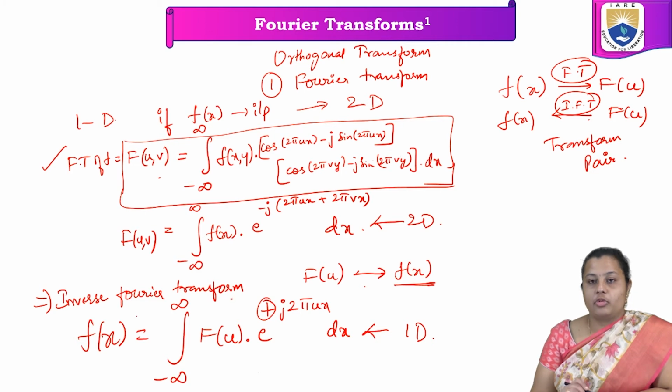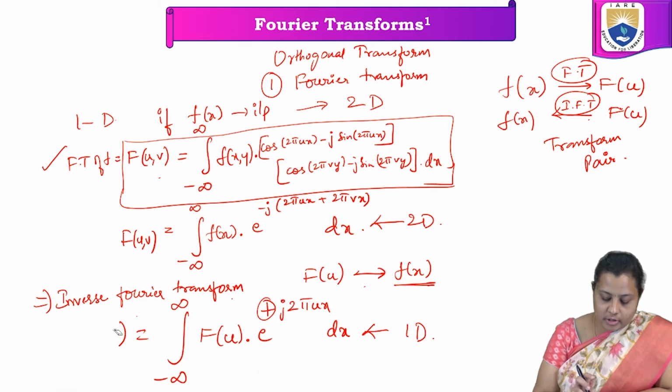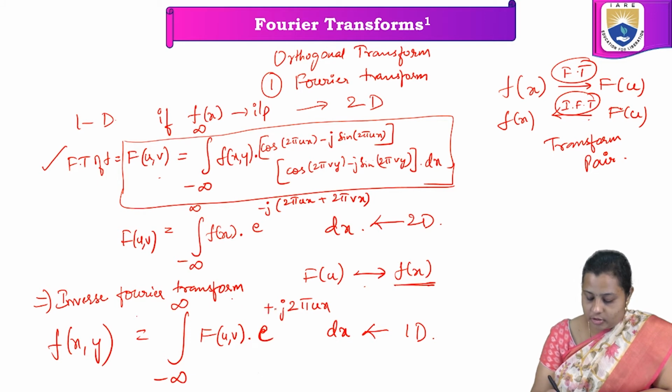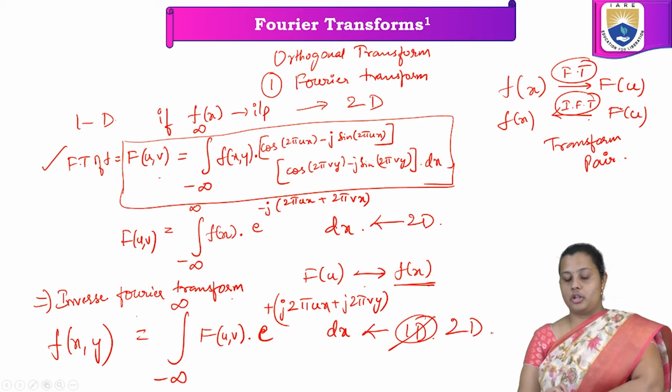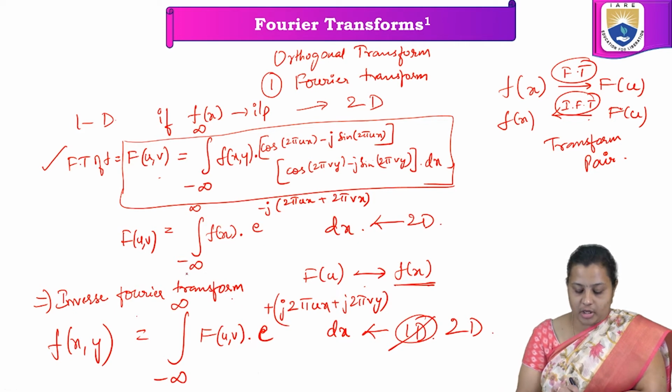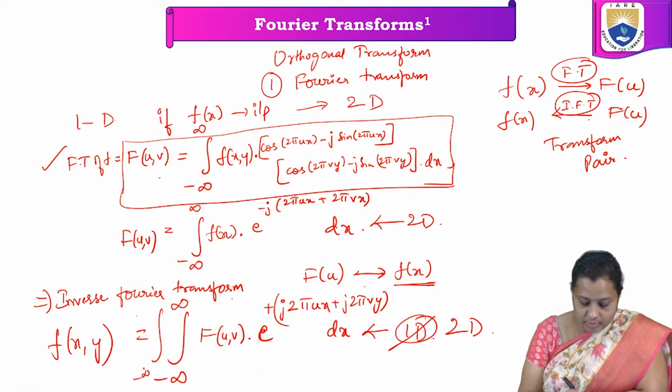When we come to the inverse Fourier transform, we can write f of x comma y, which is our input, as obtained from our transform function, with e power plus j 2 pi (ux plus vy). So this is the 2D transform function. Our 1D transform pairs and 2D transform can be obtained from the exponential functions given by the double integration.